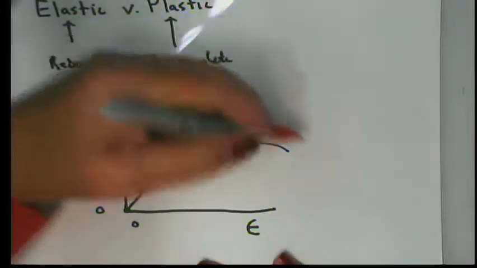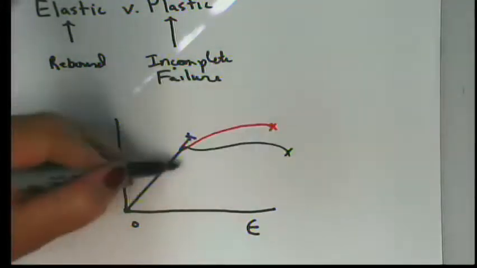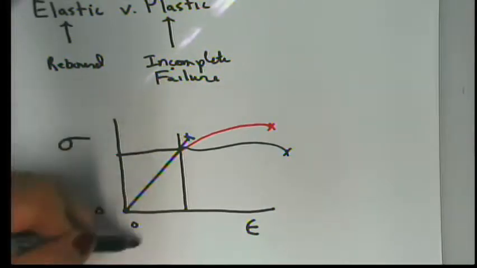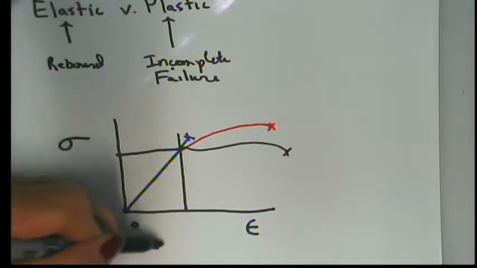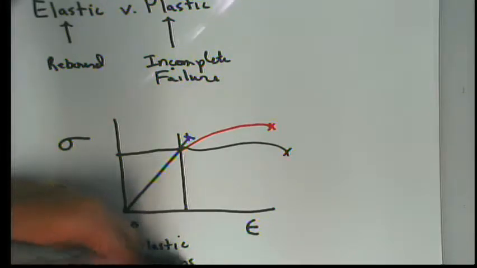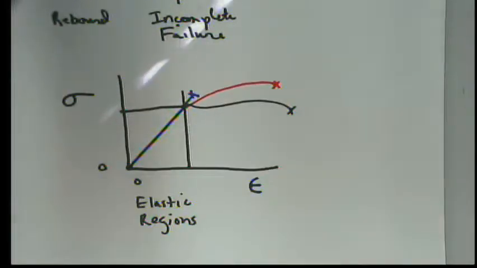But the point I'm working with is that this is the elastic region, and this is the region we are talking about today, and actually for the entirety of this class. You'll deal with plastic behavior and rupture in other classes. For us, elastic is the region we're talking about.